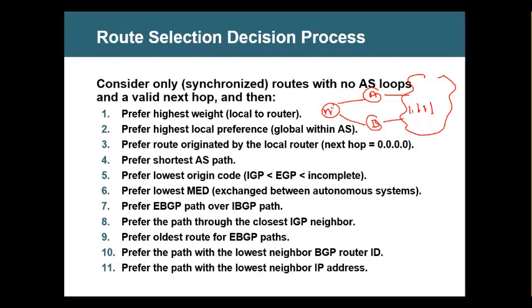So MR has got two gateways, A and B. A here is the next hop. Usually, the next hop address is the address with which you are peering, with which you are forming a neighbor.